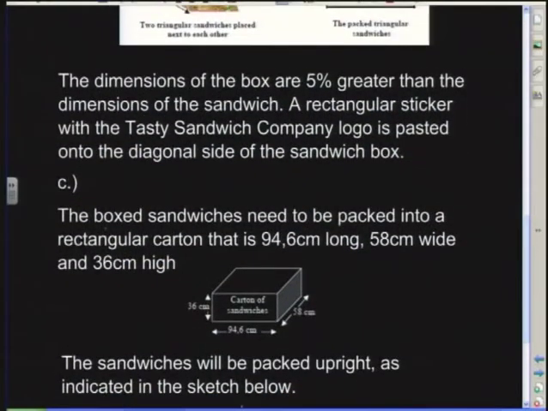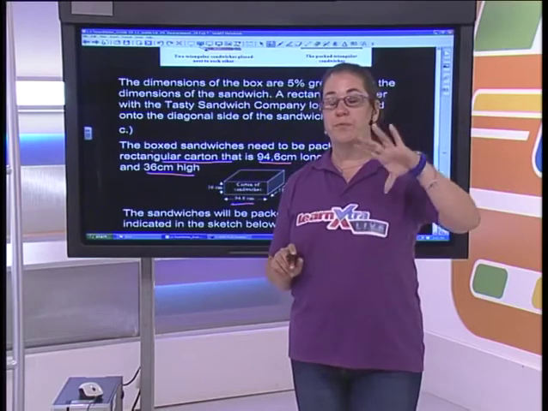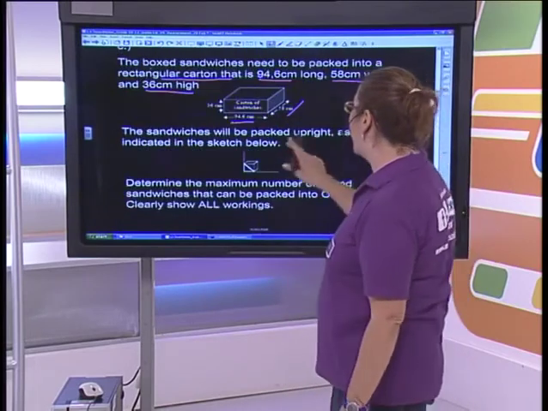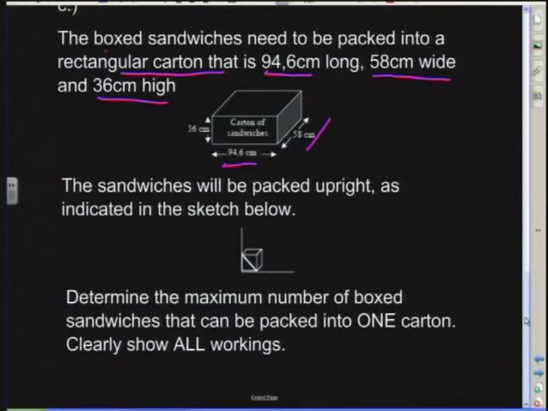Right. The boxed sandwiches need to be packed into a rectangular carton that is 94.6 centimeters long. I don't know if you can see that there. 58 centimeters wide, that's that number there, and 36 centimeters high. So we're going to be packing the sandwiches. The sandwiches will be packed upright as indicated in the sketch below.